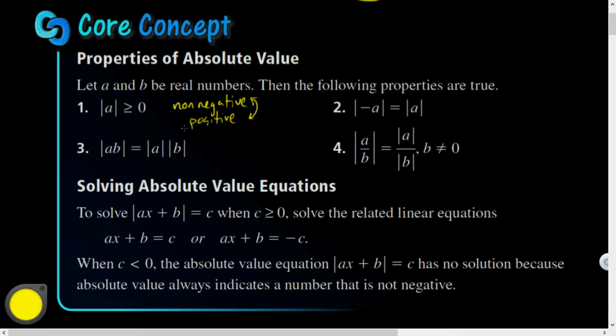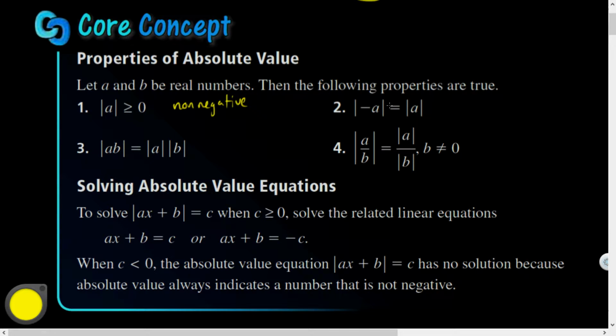Positive numbers are like 1, 2, 3.7, pi, a googol. Non-negative numbers would include one additional number, exactly one. The number 0, right? 0 is not a positive number, but 0 is a possible outcome of absolute value. So the first thing we know about absolute value is it's non-negative in its outcome.